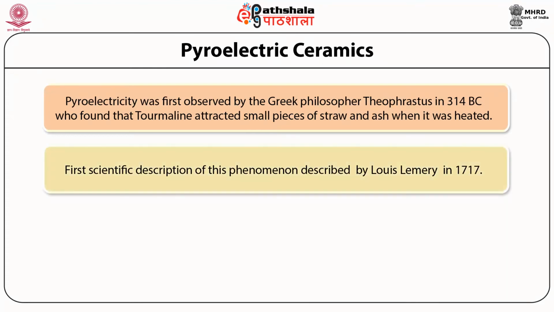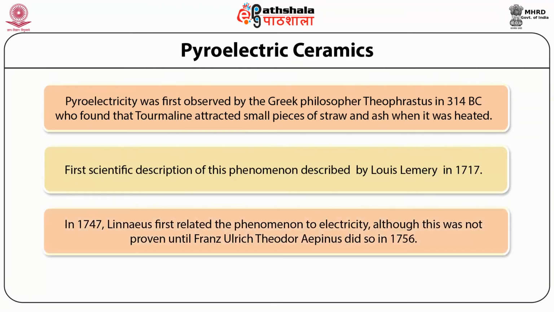The first scientific description of this phenomenon was given by Louis Lemery in 1717. After that, in 1747, Linnaeus first related the phenomenon of electricity to the temperature effect, although this was not proven until Franz Ulrich Theodor Aepinus did so in 1756.